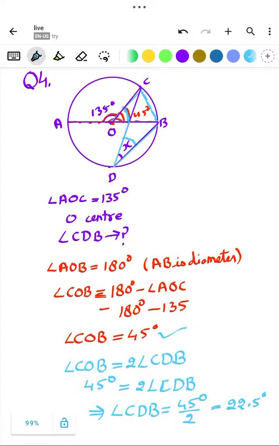So suppose that this is a circle with center O and this is the diameter of the circle AB and this is 80 degree.